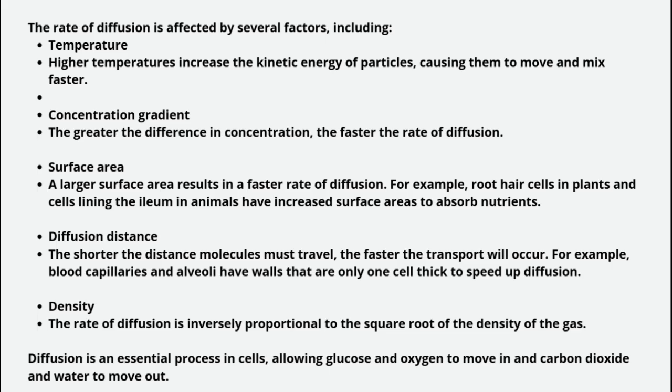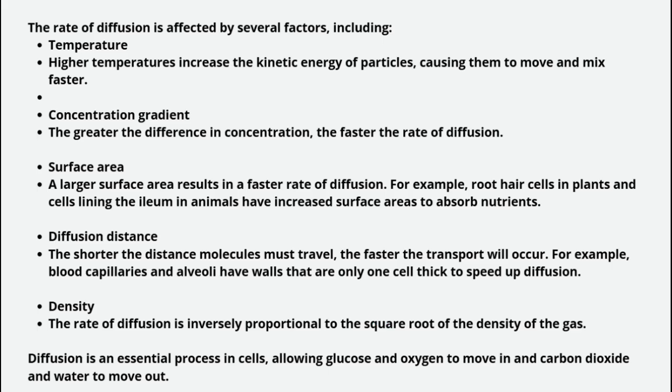The best way to explain this is, if you're walking down the street, maybe going to a shop, the shorter the distance, the faster you're going to get to where you need to go. The longer the distance, the longer it's going to take you. So it's the same thing as it relates to diffusion and distance in our molecules.